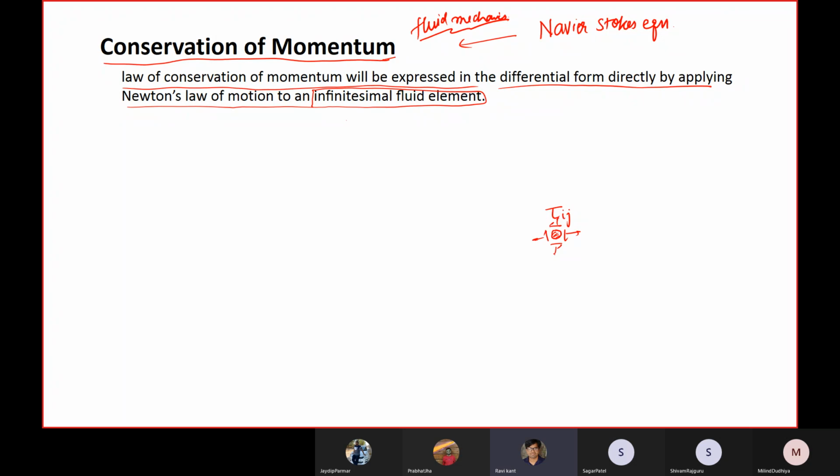At that particular point, let's suppose this is my point P which I am looking at. In order to do this, let me go back one step. So I wrote that F external is equal to the rate of change of momentum, so we'll look upon that here.